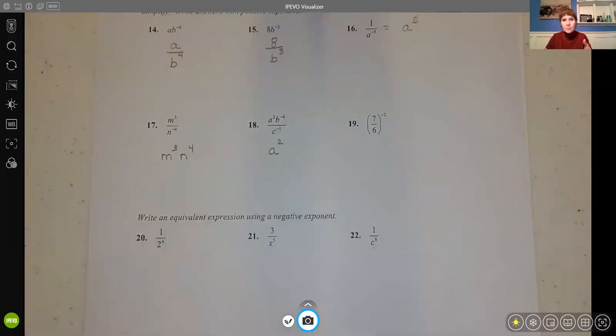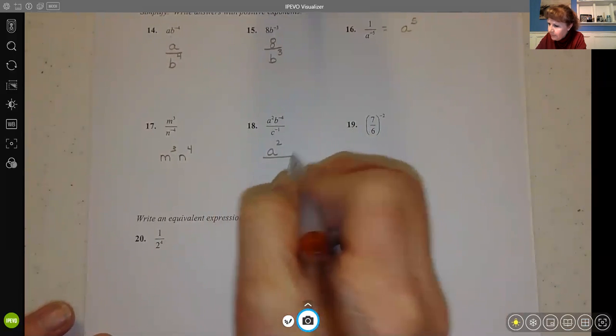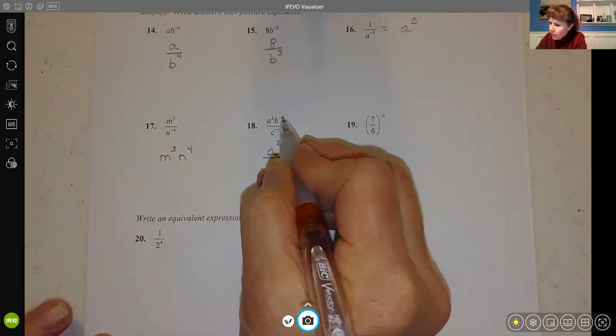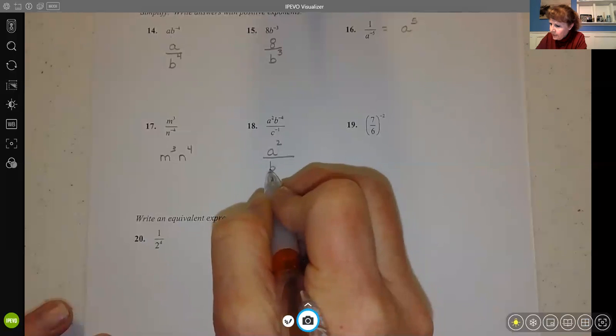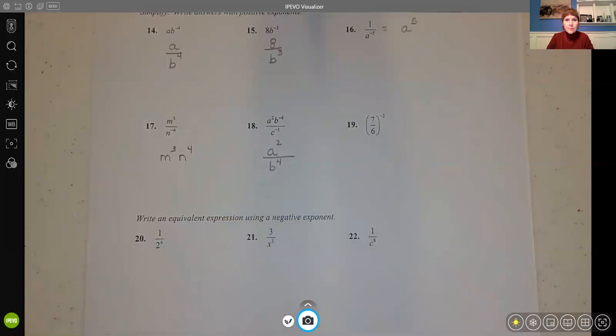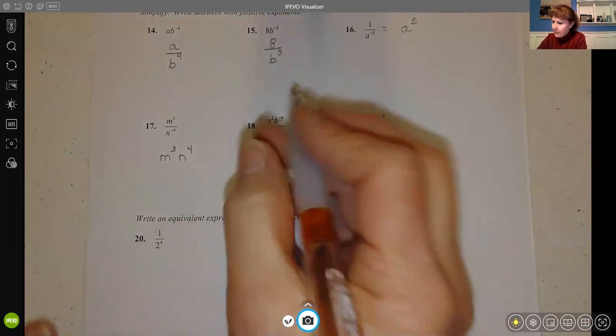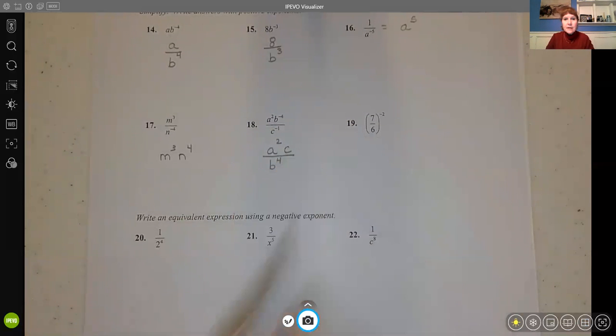The only time you change position is when you have a negative exponent. I could draw my fraction bar. The b to the fourth will come underneath. And when you do change the position, you drop the negative. And the c comes up and becomes c to the first. So great. So again, you're just changing positions.